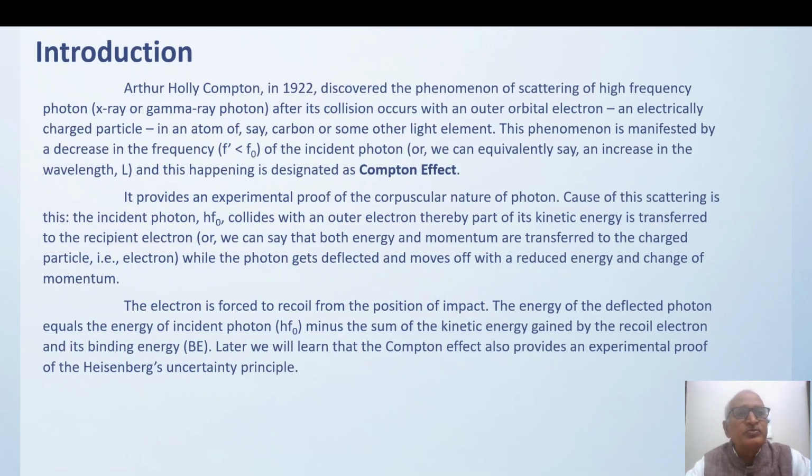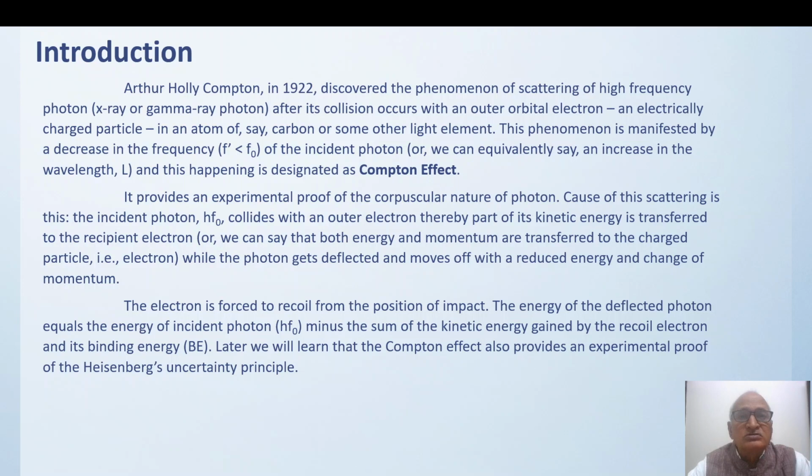First point, introduction. A little bit about the scientist himself. Arthur Holly Compton was his full name. In 1922-23, he discovered the phenomenon of scattering of high-frequency photons, such as gamma rays or X-rays.